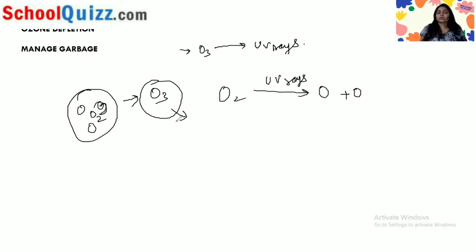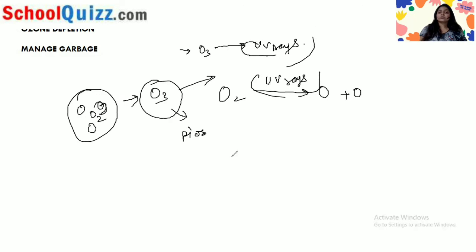Ozone alone is a poisonous gas, but when it forms a layer above the earth, it helps protect us from UV rays. This is interesting: ozone is a product of UV rays, but it also protects us from UV rays.